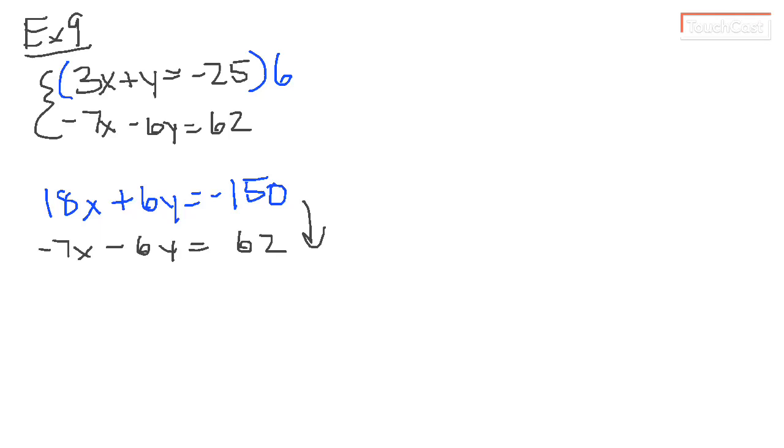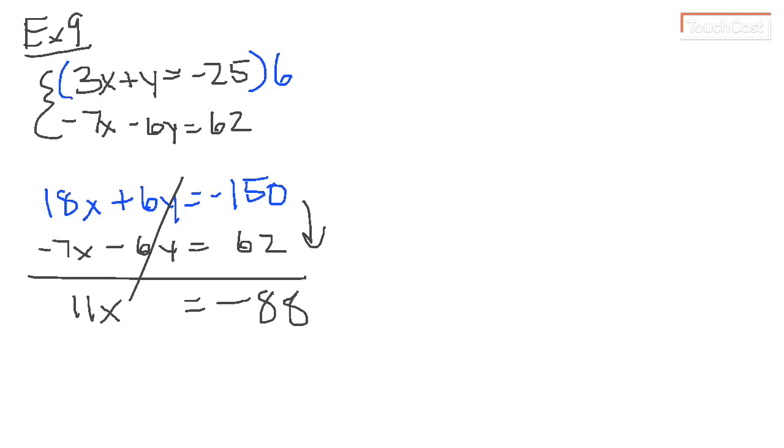So if we combine 18x and negative 7x, we're going to be left with 11x. Our y terms are going to zero out. And then negative 150 plus 62 is going to give us negative 88. So we've got 11x equals negative 88. If we divide by 11, we're going to find that x is equal to negative 8.